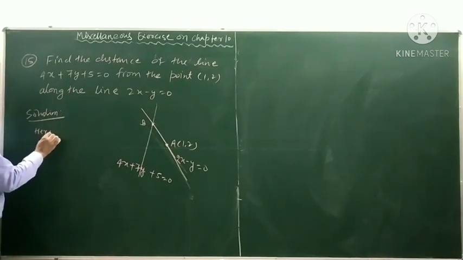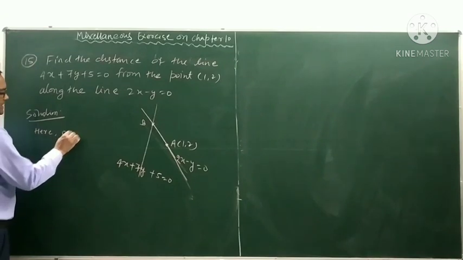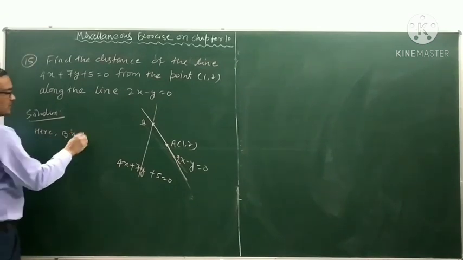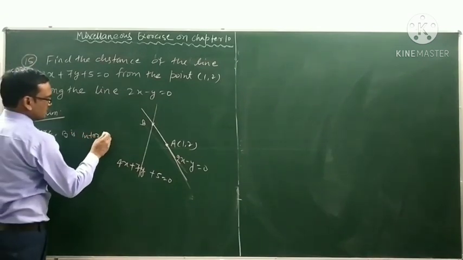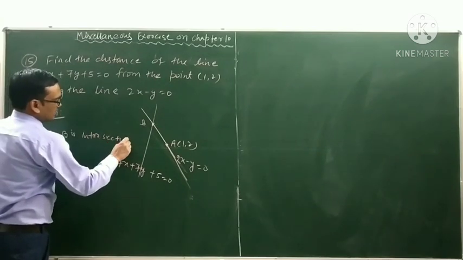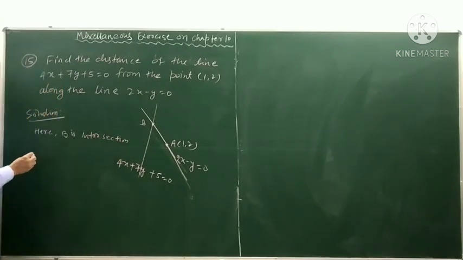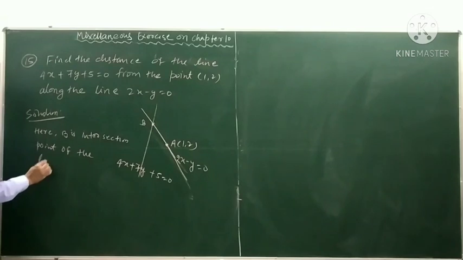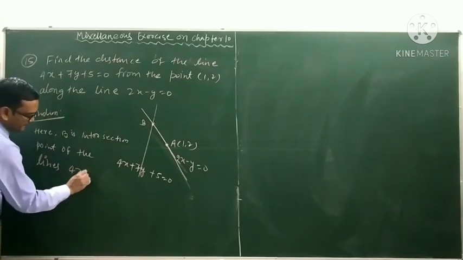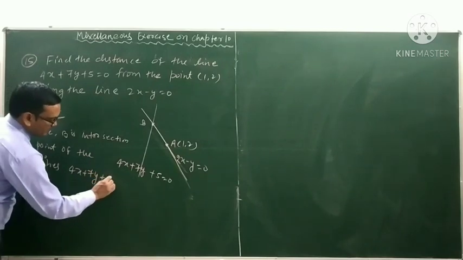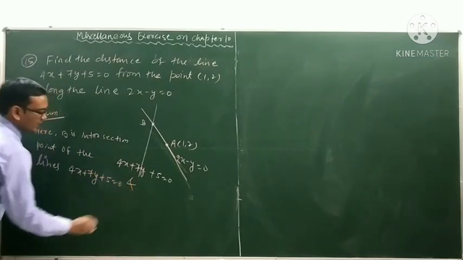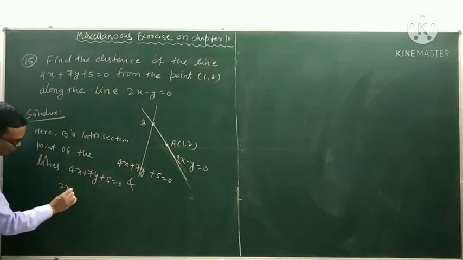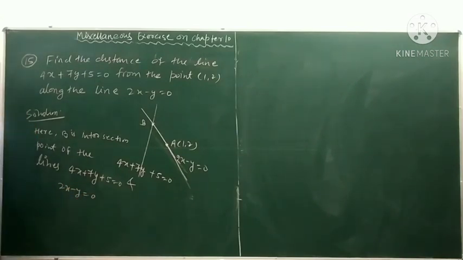Here B is the intersection point of the lines 4x plus 7y plus 5 equal to 0 and 2x minus y equal to 0.